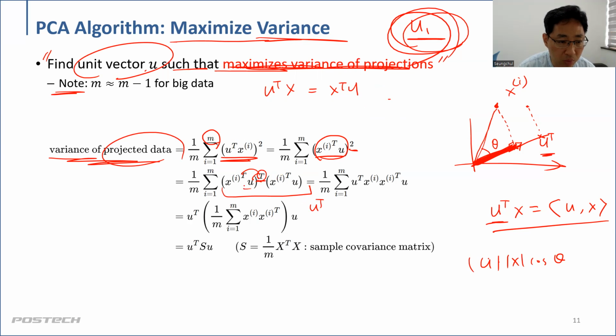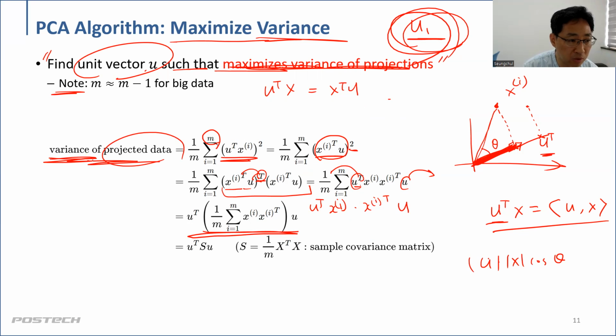So U transpose X ith, and the transpose of itself, X ith transpose U. And U is just U, it has nothing to do with the summation from i to m, so we can take this out. So this is the variance of projected data points.